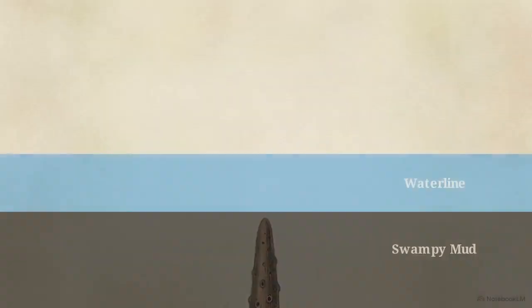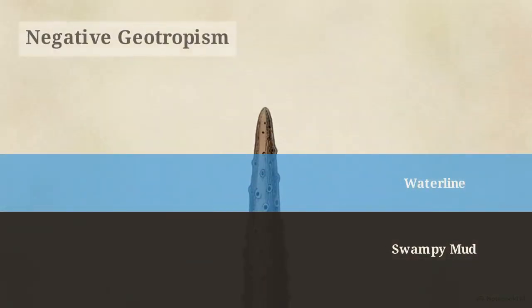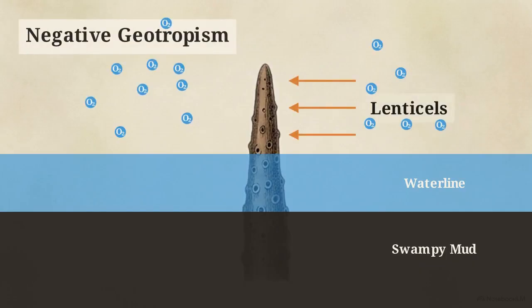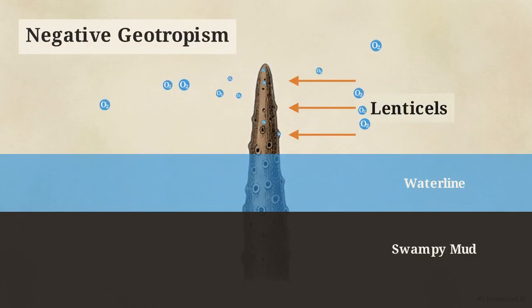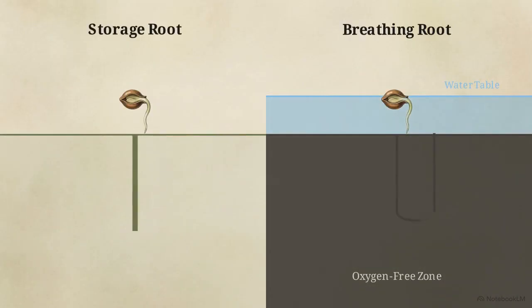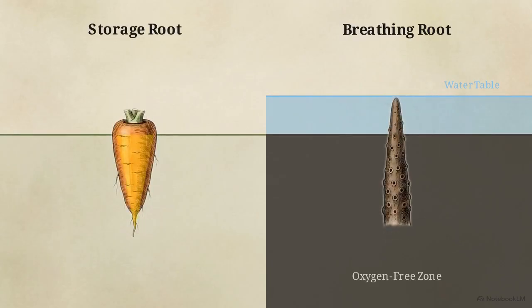This negatively geotropic growth allows them to expose minute pores called lenticels to the open air to secure oxygen for gaseous exchange. For taproots, modification is a direct response to these specific stressors, whether the plant is banking starch in a conical base or rising above the mud for air.